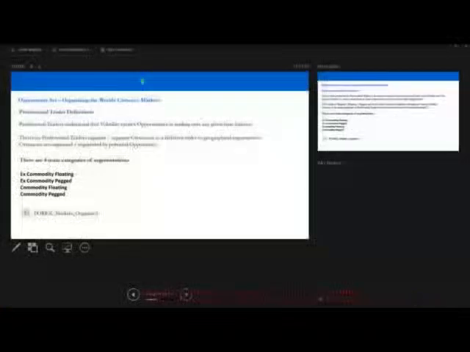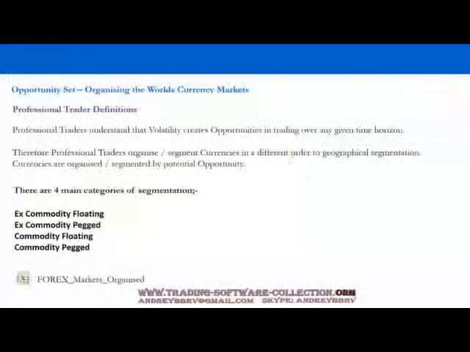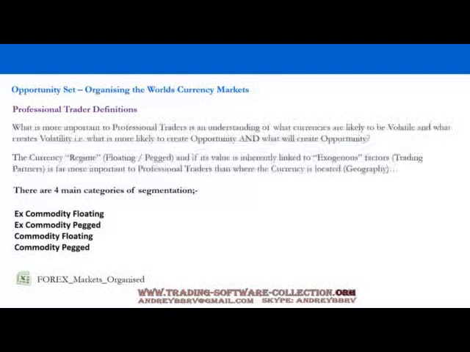Just familiarize yourself with it, because it's important to start getting familiar with these definitions, because we build on these things later in the video series. The Forex markets organized sheet has the breakdown in the presentation, so if you just download it, you can familiarize yourself with it in your own time.